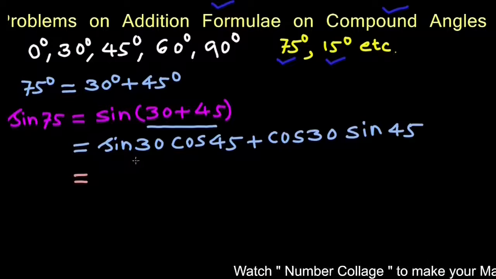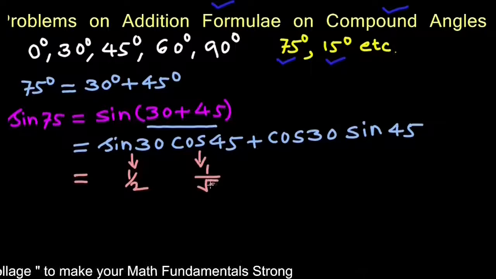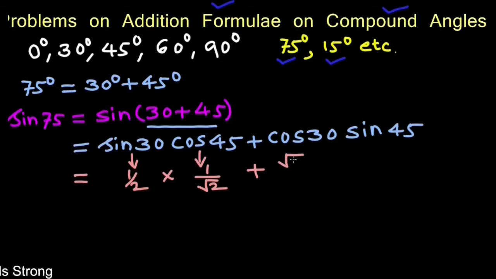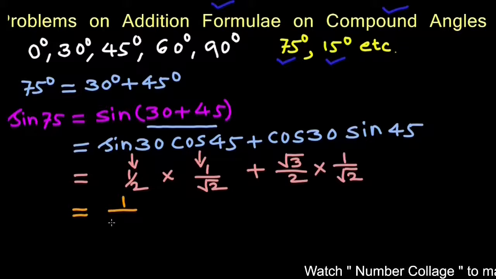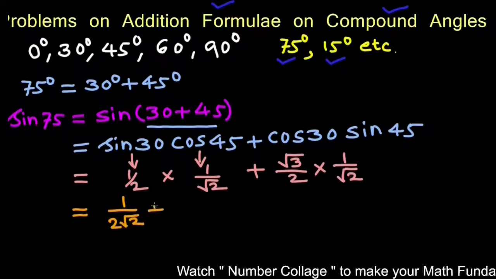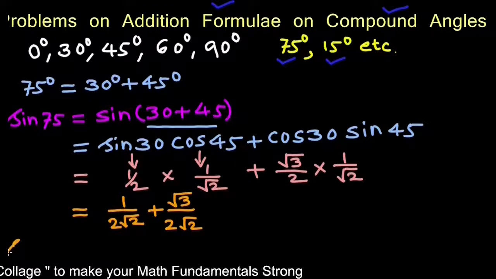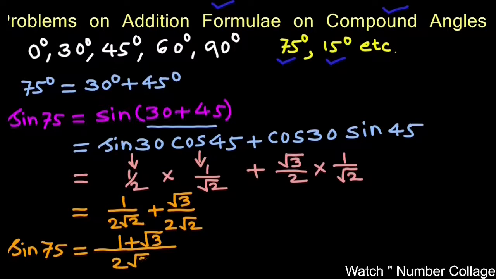Now sin 30 is half, cos 45 is 1 upon root 2, plus cos 30 is root 3 by 2 multiplied by sin 45 is 1 upon root 2. This will be 1 upon 2 root 2 plus root 3 upon 2 root 2. So sin 75 will be 1 plus root 3 upon 2 root 2.